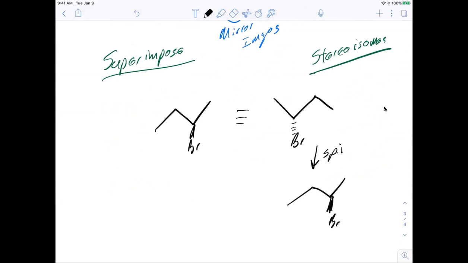So here I can superimpose them. Since I can superimpose them, these two are the same molecule. So in stereochemistry, we're looking at the spatial arrangement of the carbons, not just their connectivity and not just their chemical formula. So we're going from constitutional isomers up. Now we're going to things that have spatial arrangement.